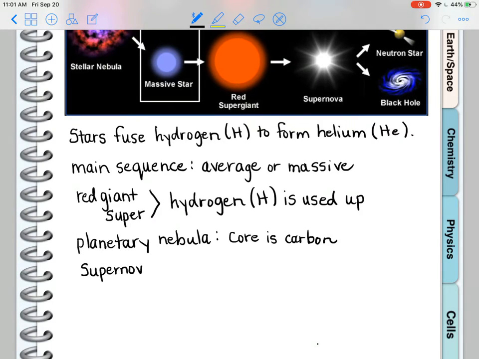Super makes me think large, grand, massive, and it's simply the explosion of a red supergiant. So the supernova is the result of that explosion, that massive star that has run out of hydrogen explodes.